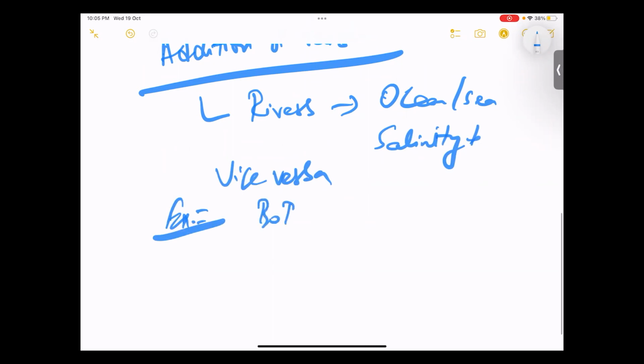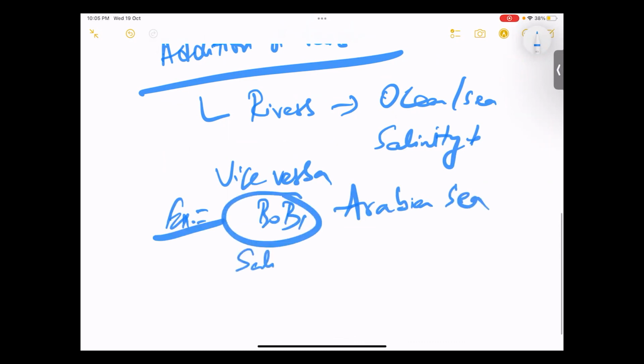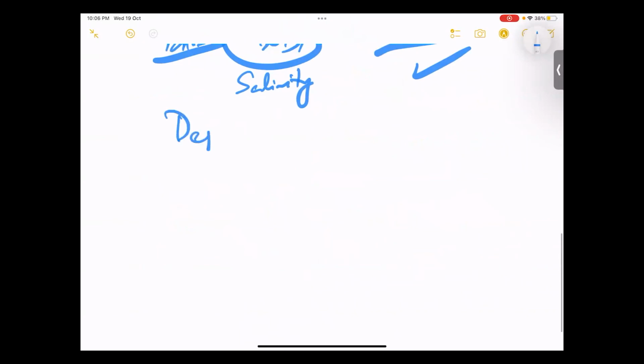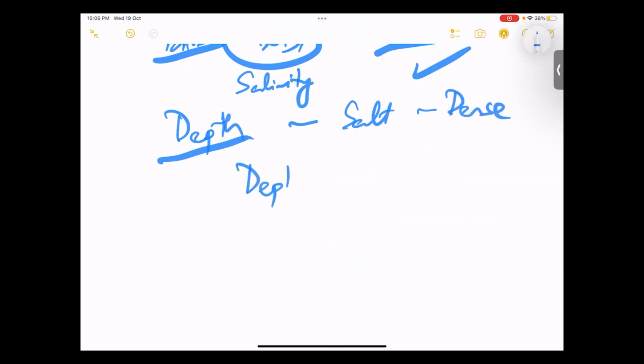One is the Bay of Bengal and another is the Arabian Sea. Bay of Bengal is less in salinity when compared to the Arabian Sea. And then the next important point is depth of the ocean. Salt water is more dense, and as the depth increases, salinity also increases.